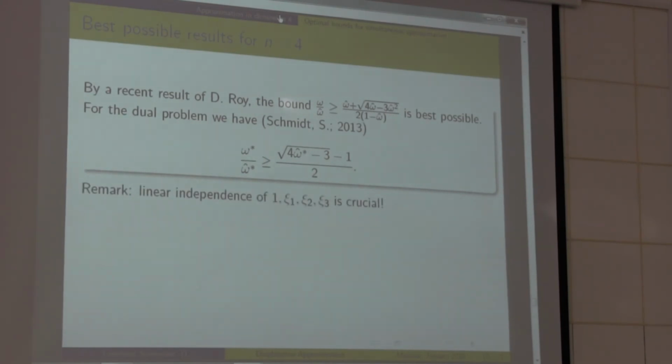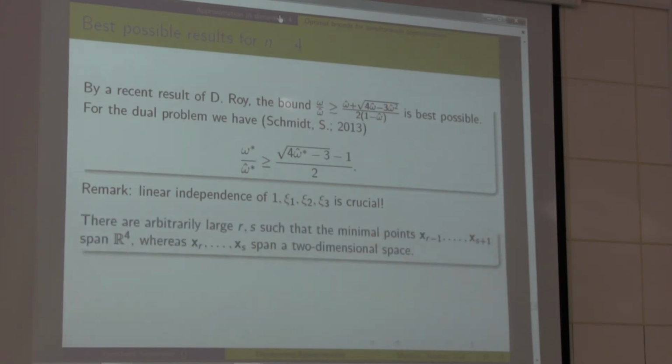Here, the linear independence of psi1, psi2, psi3 together with 1 is absolutely crucial, and you also use the fact that there are arbitrarily large R and S such that the sequence of minimal points contains a sequence of points that span the whole R4, whereas the middle ones, from X of R to X of S, span two-dimensional spaces only.